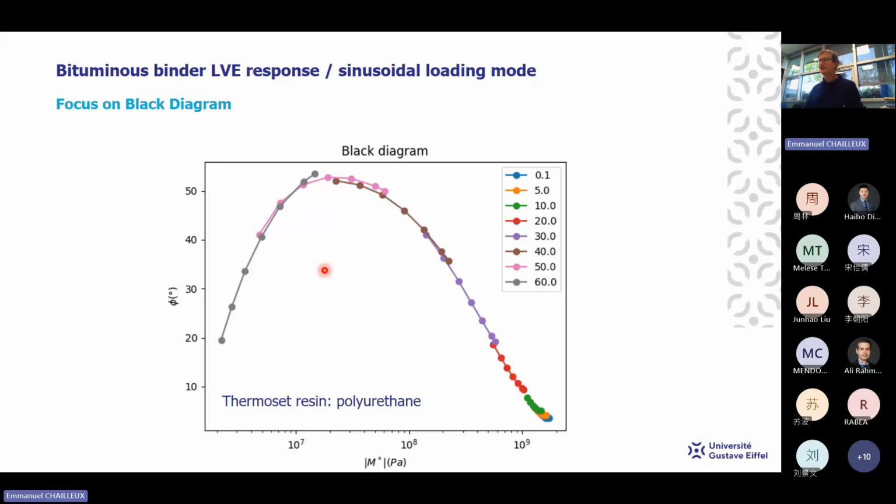In this case, at very low temperature, we behave like an elastic material, like bitumen, but at high temperature, the phase angle tends to a very low value. It's due to the cross-linked nature of the molecular structure of the thermoset resin, which doesn't melt, in fact, due to the cross-linked structure, and we can see it on this Black diagram.